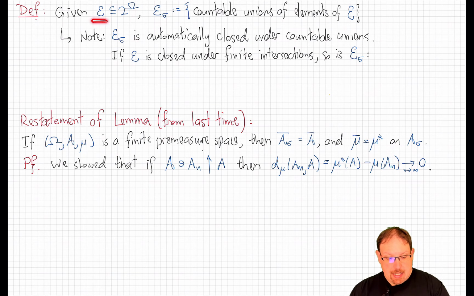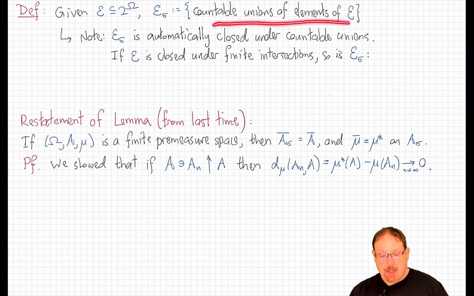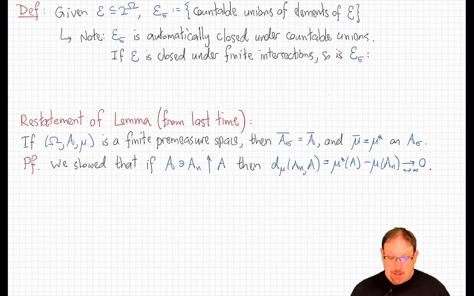For any class E, E sigma is the set of all countable unions of elements from E. So if E was a sigma field, then E sigma is just E. But if E was the field A, then E sigma is typically going to be larger than E. Now note by definition that E sigma is automatically closed under countable unions, because a countable union of countable unions is a countable union.